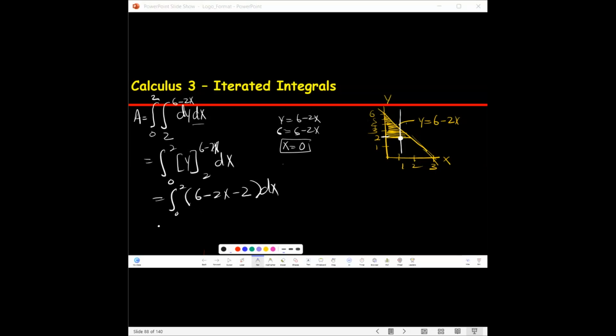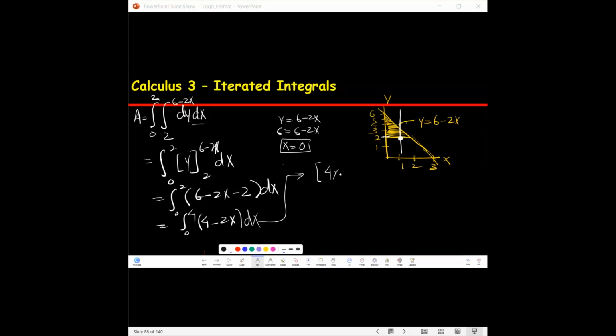Substituting the values and taking the integral this time, before I do anything, I need to simplify a little bit. It's 4 minus 2x. Let's take the integral.